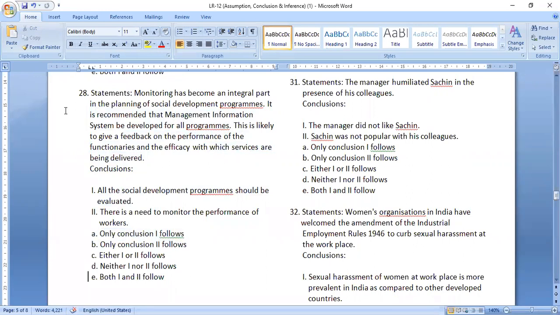Any answers? So are workers the same as functionaries? I suppose you could treat them as functionaries. And if you would, then what would your answer be? Then both would be true. Okay. Any other answer?